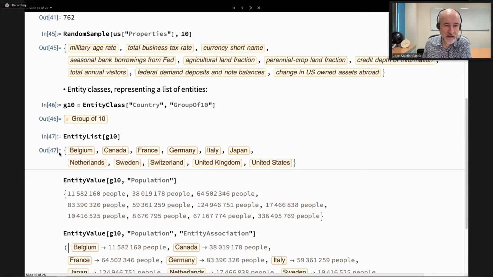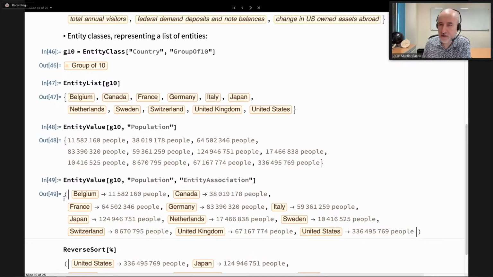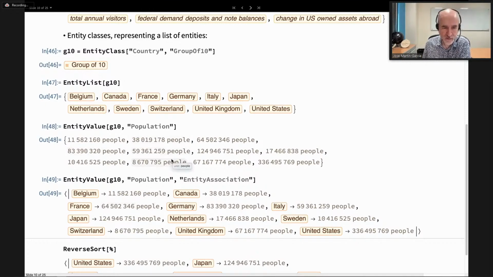And because an entity class represents a list of countries, we get back a list of values of population. You can also specify that you want an association, another concept in Wolfram language, and you see now how easy it is to get the correspondence between the various countries here and the values of their population.